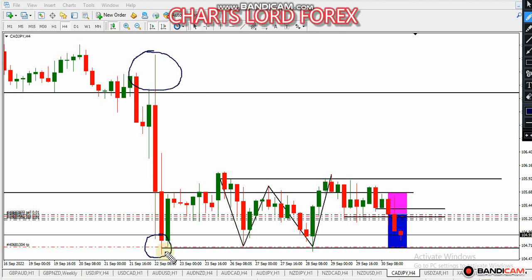Then getting to this area, you can see the buyers coming in like that, then it goes sideways, tries to go up, then what do you see, crash down like that. And ever since then, price couldn't go below the previous area where buyers are shooting from, hence pushing back up from this area once again.